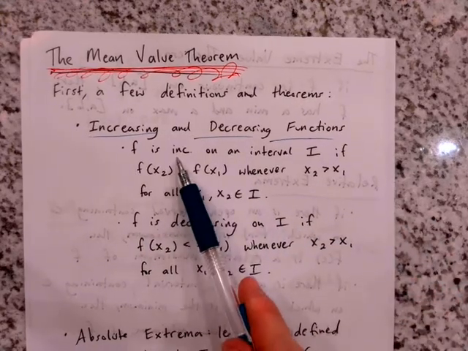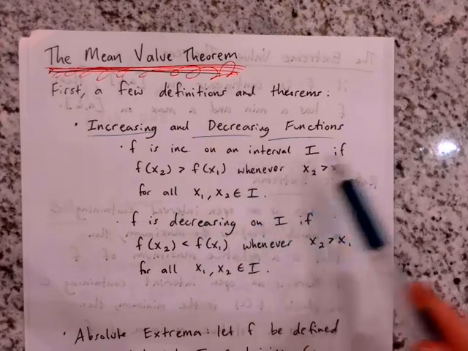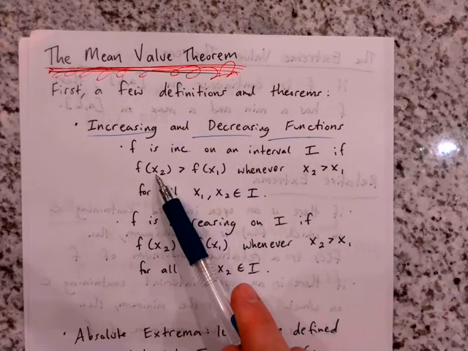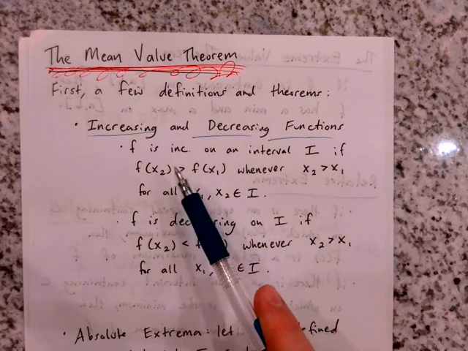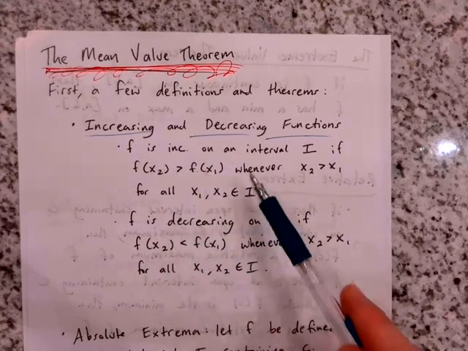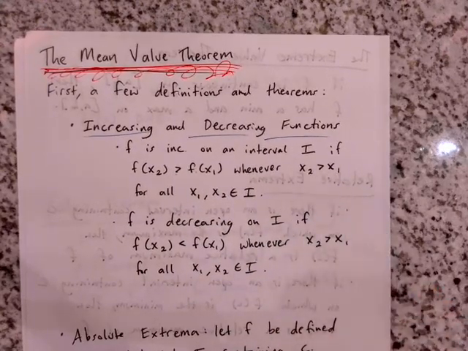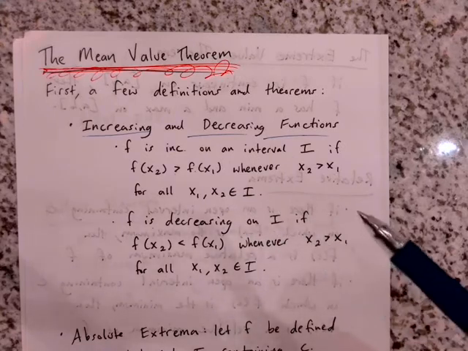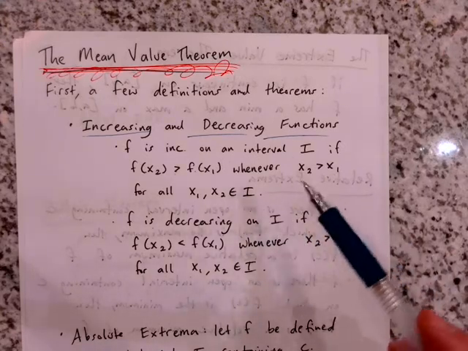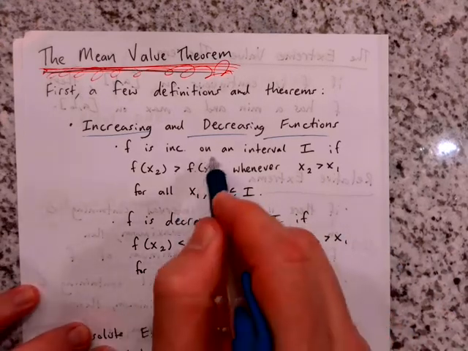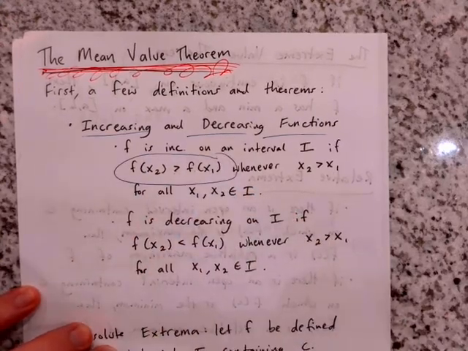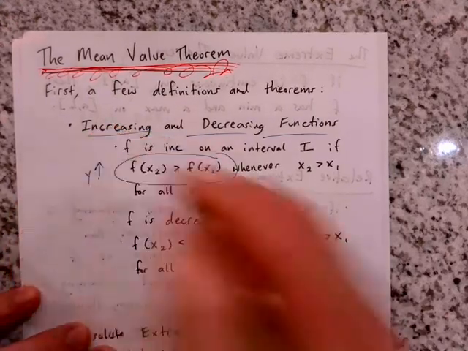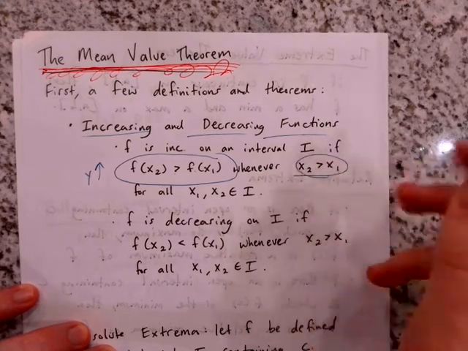So f is increasing on an interval I if f of x sub 2 is greater than f of x sub 1 whenever x sub 2 is greater than x sub 1, for all x1, x2 in I. A few notes on this. All this says is that the y values get bigger, y goes up, whenever the x values get bigger.